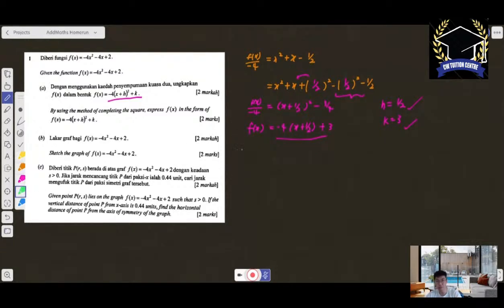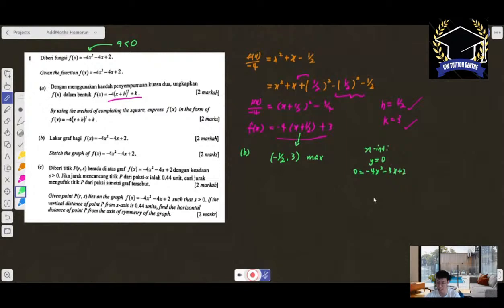Then for part b, we find to sketch the graph. We get to know this x here is -1/2, and 3. And what is this value? Maximum value, because a is less than zero. So find the x-intercept. y equals 0. Put into the equation: 0 equal to -4x squared minus 4x plus 2.